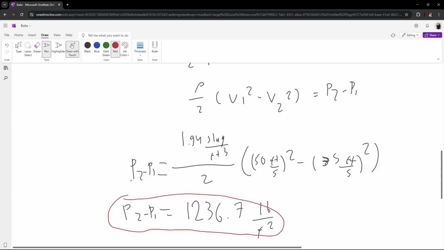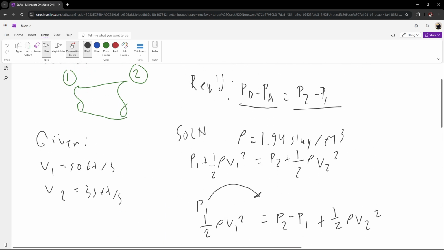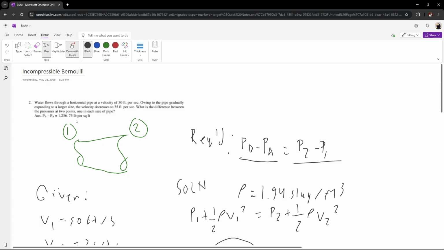That's the answer. Cross-checking with the reference, we get the same answer.